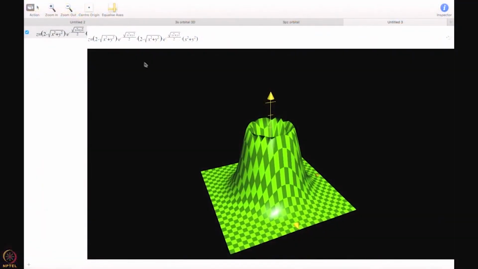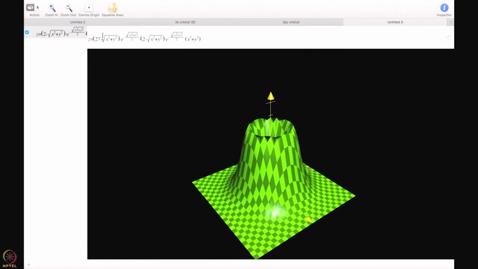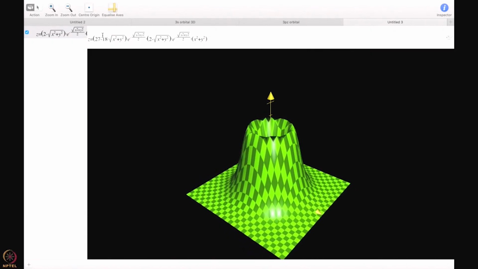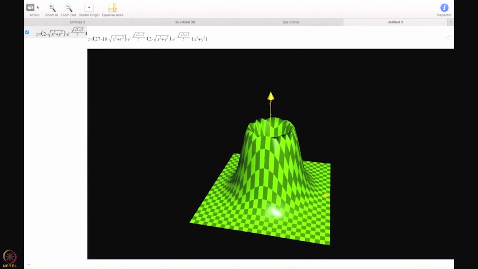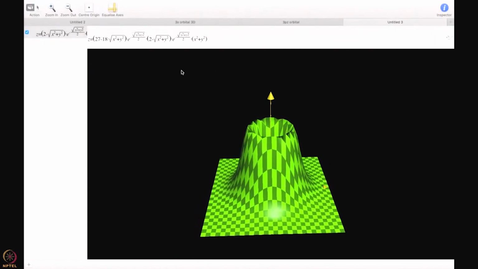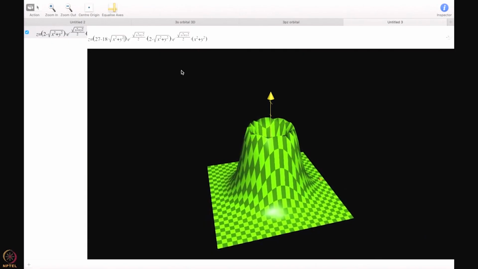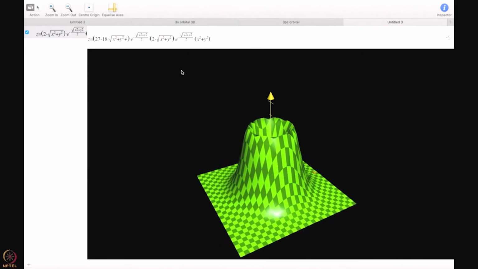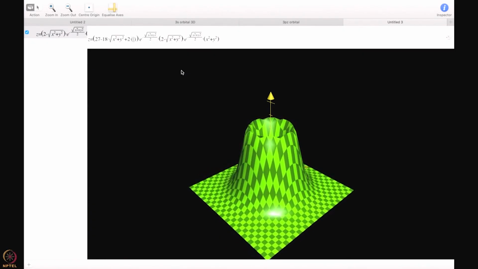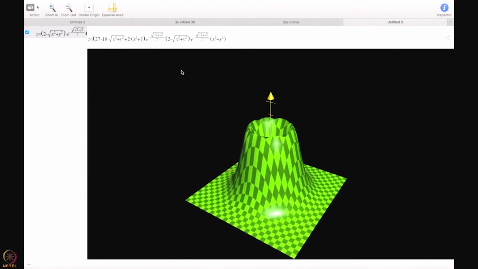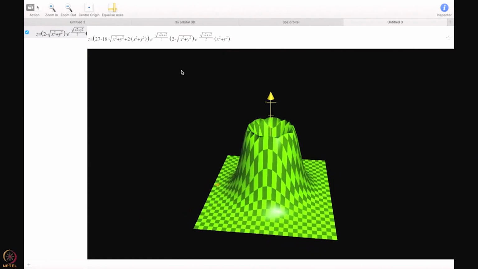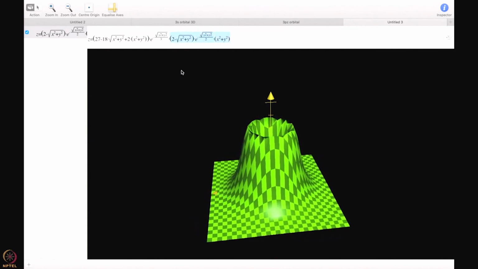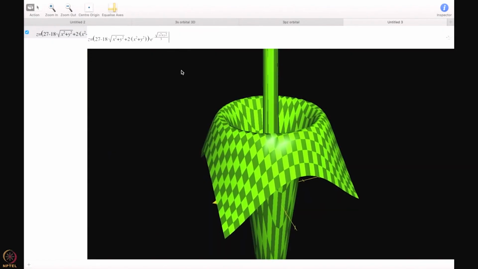Okay. So, this was in 2 dimensions. Let us now go over and show you the 3-dimensional picture.